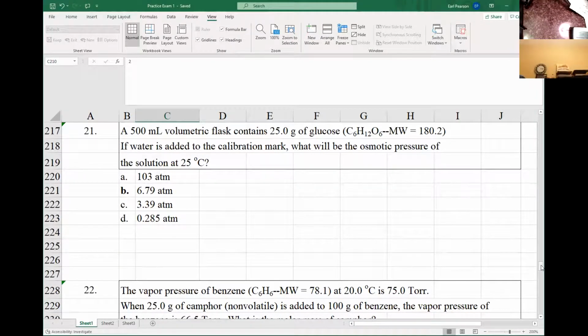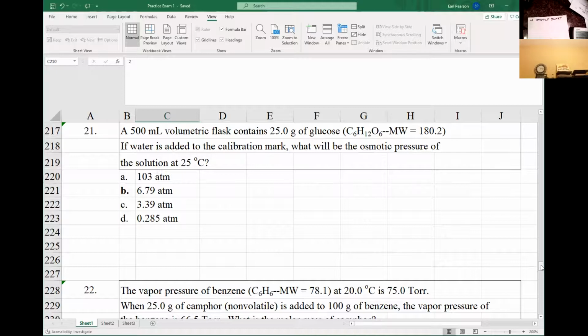Now, number 21 is an osmotic pressure problem. And the equation is pi equals molarity times R times T. So we're asked to calculate the molarity.